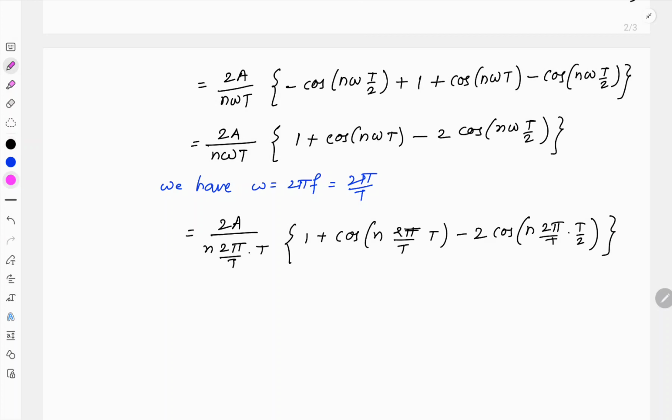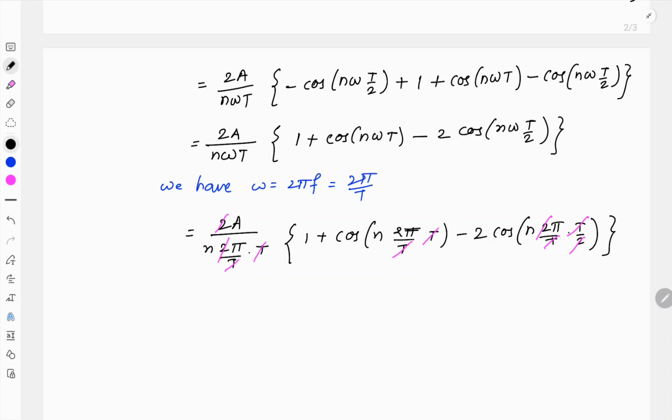So now if we simplify this equation, here 2 gets cancelled out, t also gets cancelled out. So in the cos of n 2 pi by t, here also t gets cancelled out, and in the third term 2 and t get cancelled with each other.